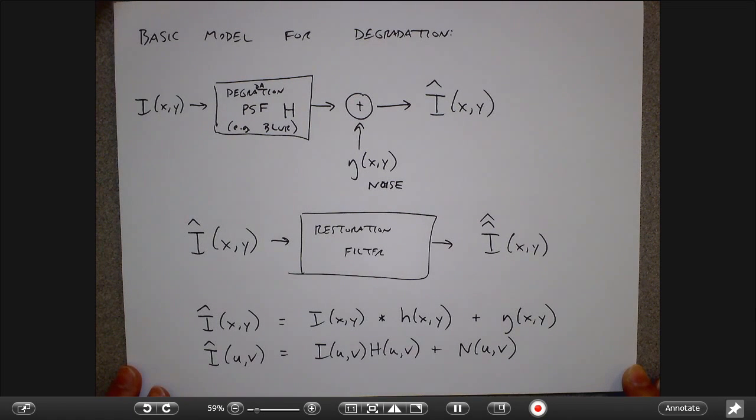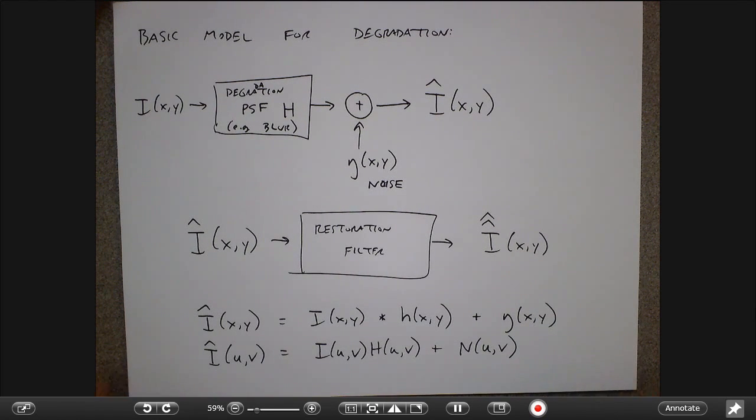A lot of times we solve these problems in the frequency domain because convolution becomes multiplication. This is one of the reasons why we talked about the 2D Fourier transform several weeks ago: restoration filters typically involve Fourier transforms. So we're going to work mostly in the Fourier domain.